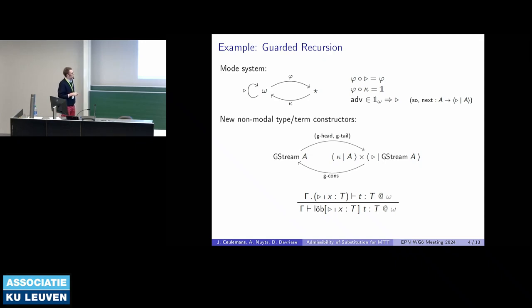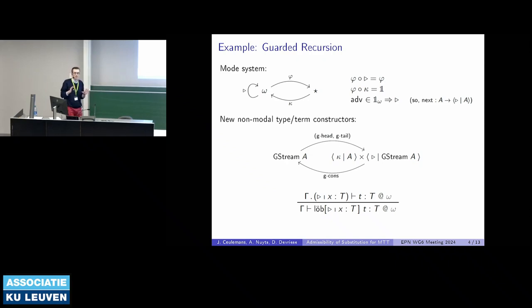Now, if in such a context we can produce a term of type t in mode omega, then by loop recursion we can construct a value of type t in the original context gamma. So this actually models co-recursive definitions. This variable x will be your co-recursive call. So this loop recursion is some kind of fixed point operator.